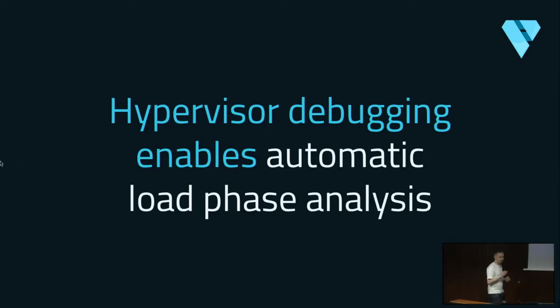And it also enables a small feature that I kind of wanted, which I call automatic load phase analysis. Very often, if you drop a sample into a sandbox and it doesn't run, it's not because it's evading, it's because it's missing a DLL, or it might be corrupted.